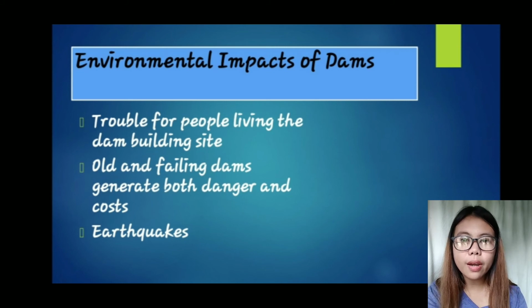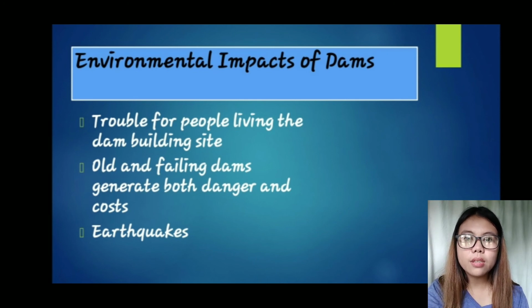Actually, here in our area, the National Irrigation Authority also built dams, and it affected like 3 barangays, and the people in those barangays were transferred to a relocation area, and many people lost their farming lands because of the dam building.